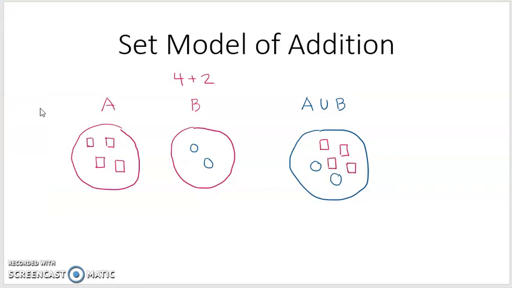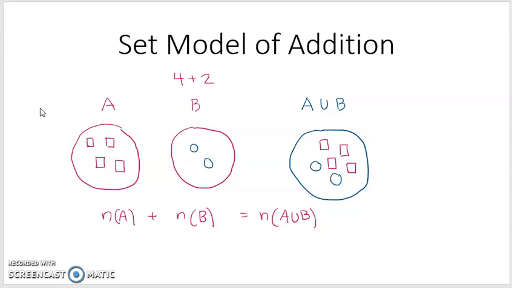So it turns out when the sets are disjoint, the number of elements in the union equals the number of elements in set A plus the number of elements in set B. If the sets are disjoint, that equals the number of elements in A union B. That illustrates, in a set way, the concept of addition.